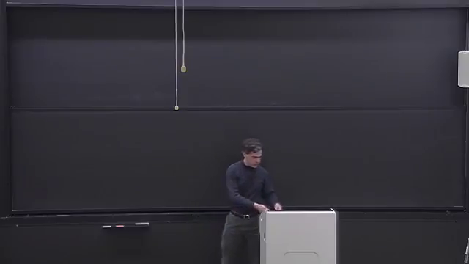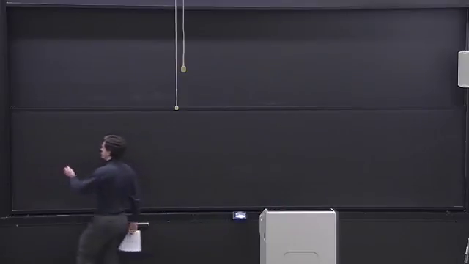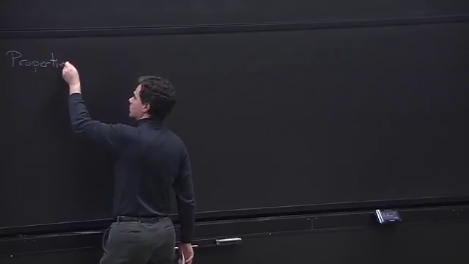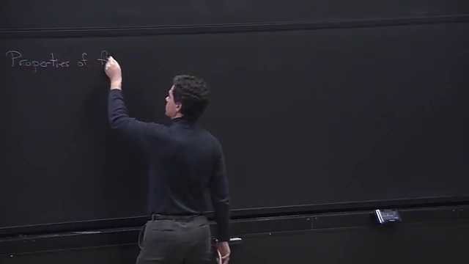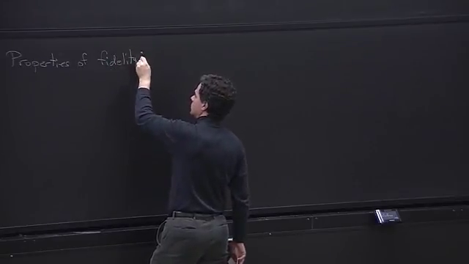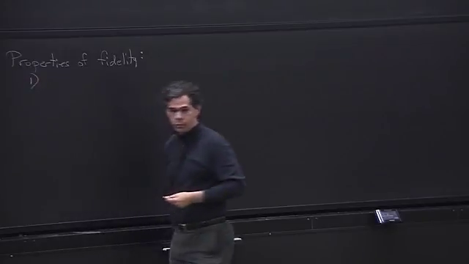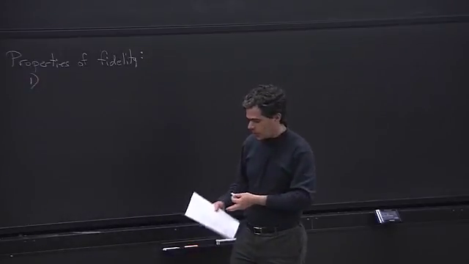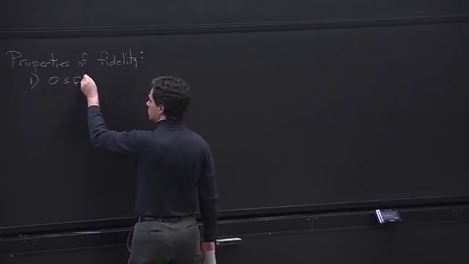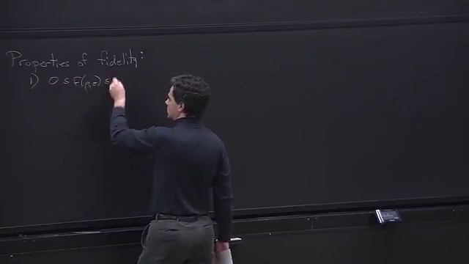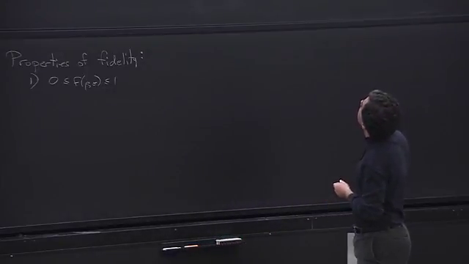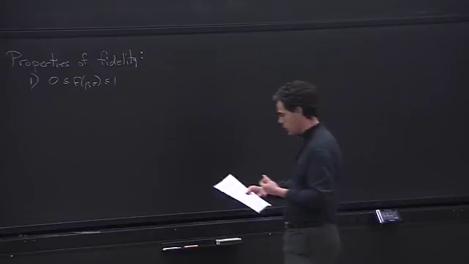So what are these nice properties of fidelity? Okay, well, the first one is maybe the simplest one, which is that it's always between 0 and 1. Yeah, I guess even that is not immediately obvious from the definition.